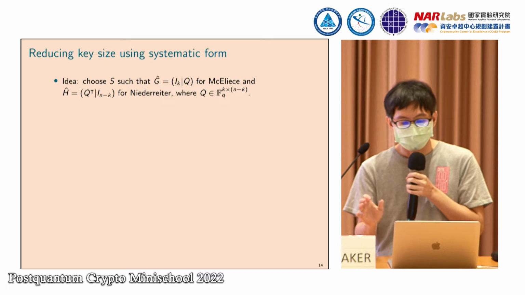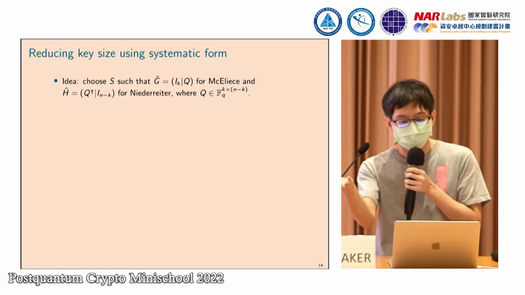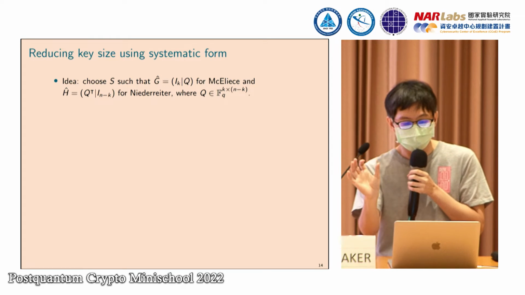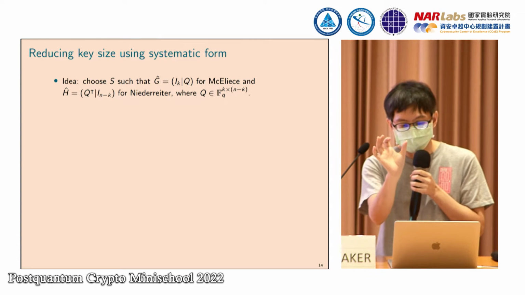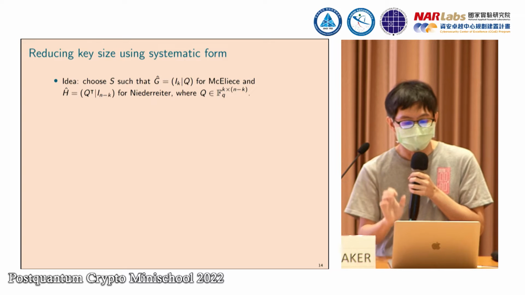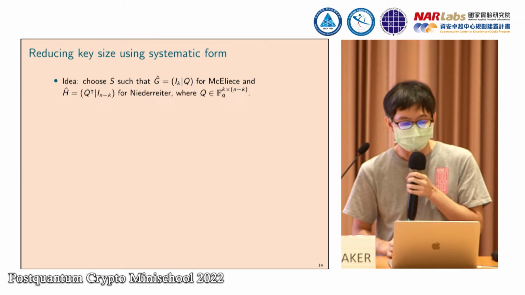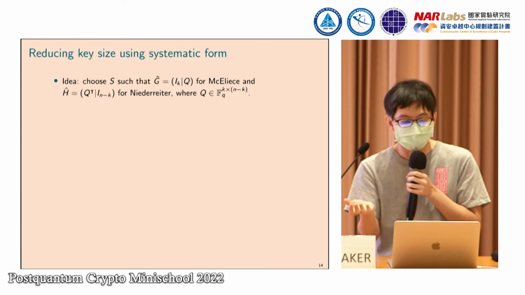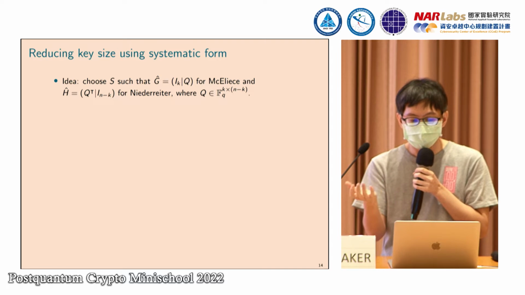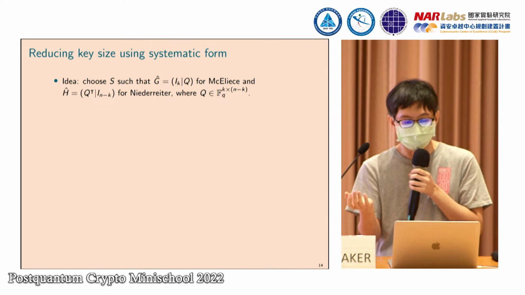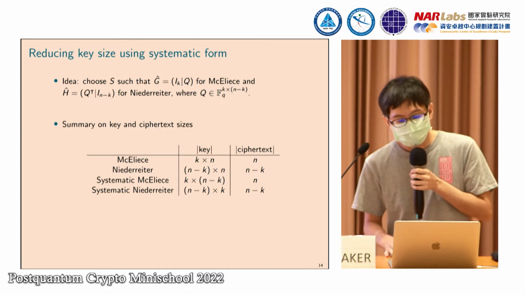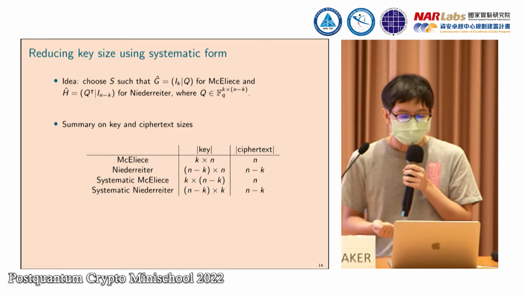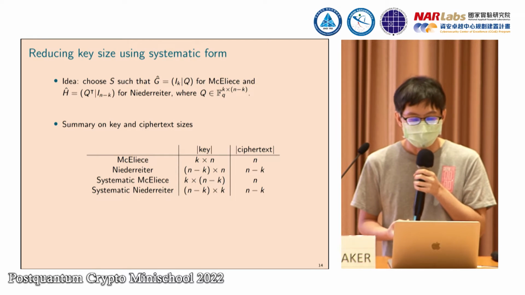Because you know that there's going to be an identity matrix on the left or on the right, for that part you no longer need to store the entries, because you already know what the entries are. So what you need to store is just the entries of this matrix Q. This is going to save you some size.